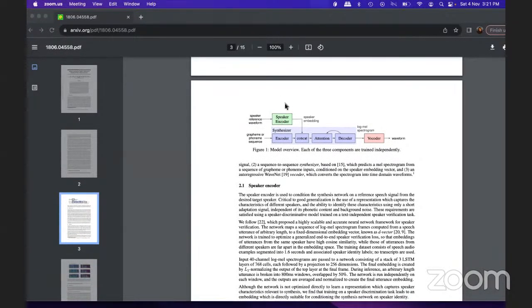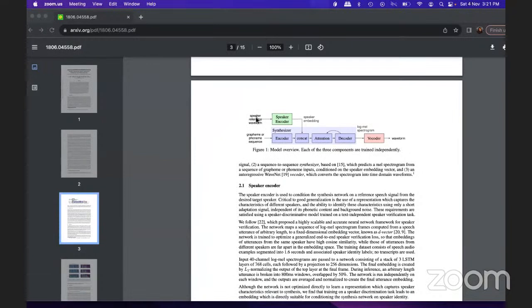So this architecture consists of three components: a speaker encoder, a synthesizer module, and a vocoder. I'll try to explain these components. The speaker encoder is an embedding model. It takes an audio and converts it into an embedding.